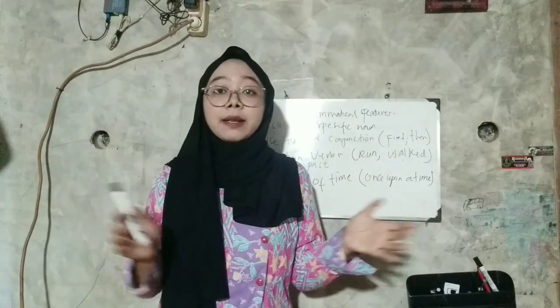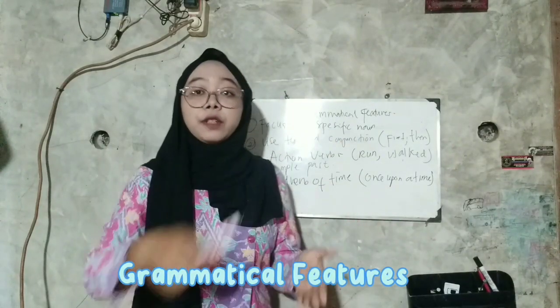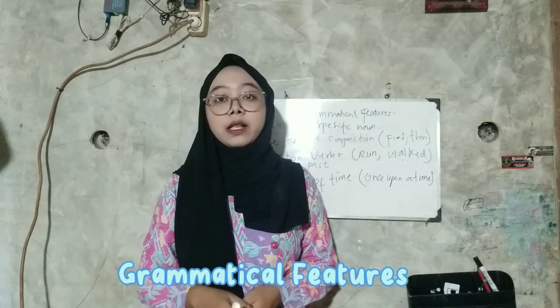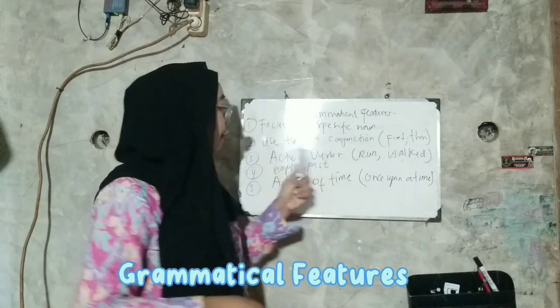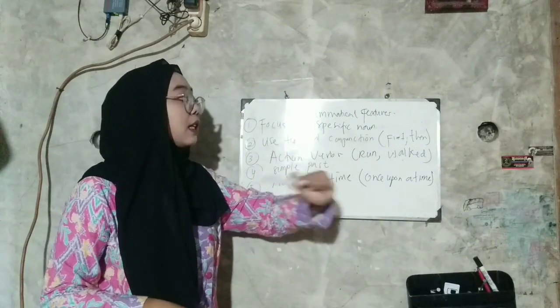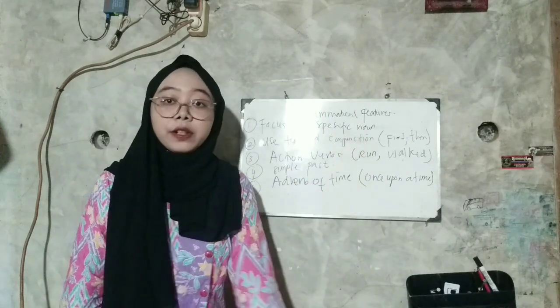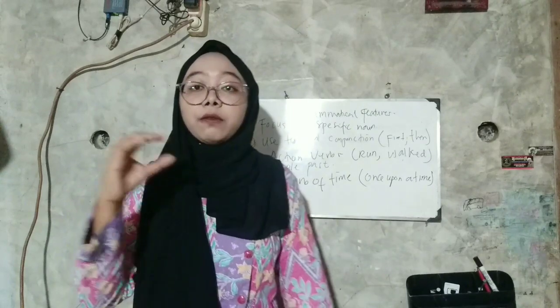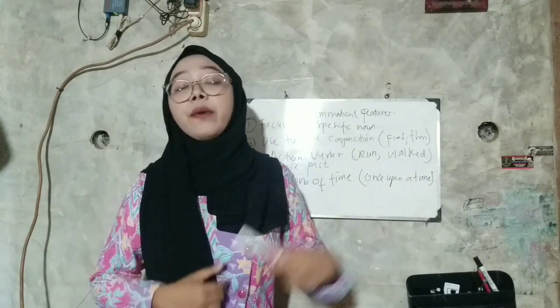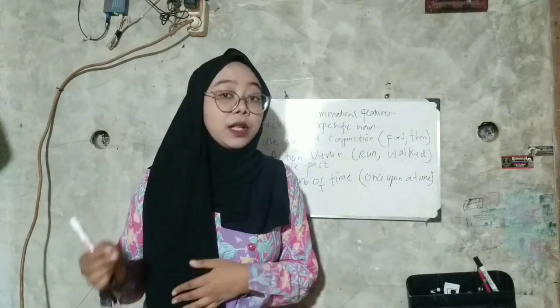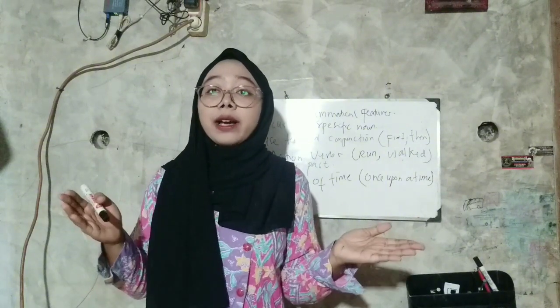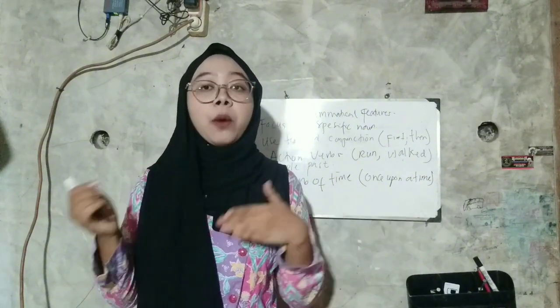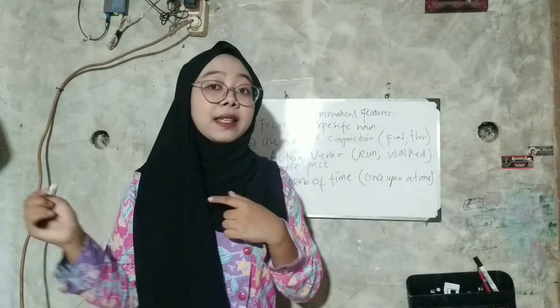And the next is about the grammatical features of the narrative text. Here, Miss Ajeng has five grammatical features of the narrative text. First, focus on specific nouns. For example, Cinderella, Robin Hood, Snow White, Timun Mas, Bawang Merah, Bawang Putih, and so on. Next is to use temporal conjunctions, for example, first, then, firstly, secondly, and so on.